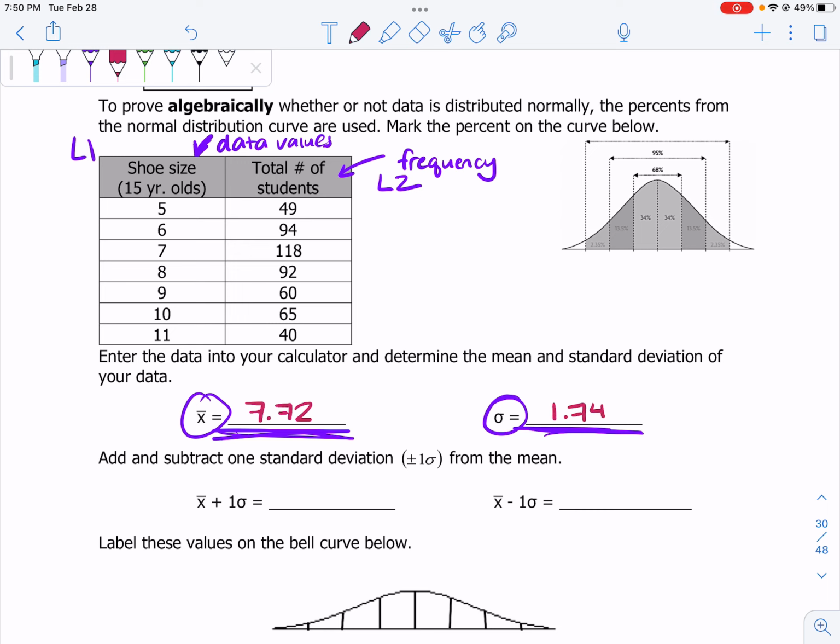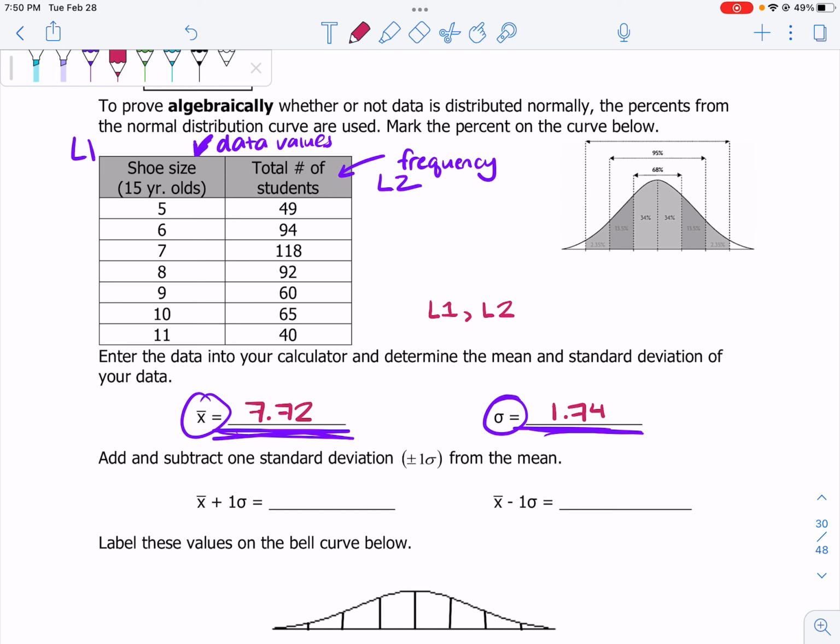If you did not get these values in your calculator, question to ask yourself is, did you make sure if you're a TI-83 that you plugged in 1-Var Stats L1, comma, L2? And if you were on a TI-84, did you make sure that your list was L1 and your FreqList was L2? If not, then you might have found that the mean was 8 and the standard deviation was much smaller.